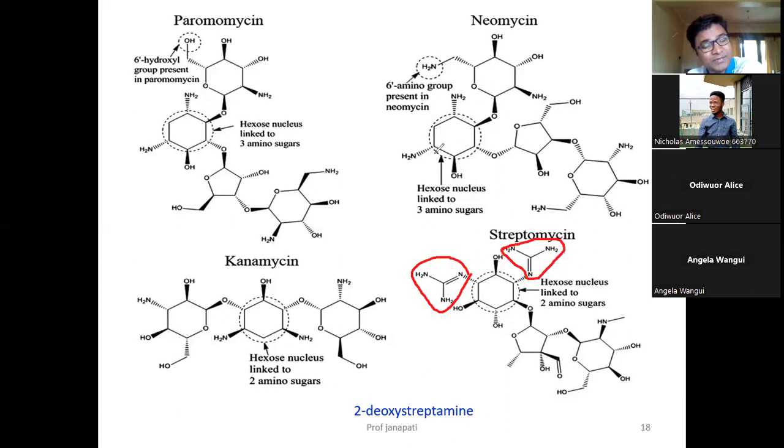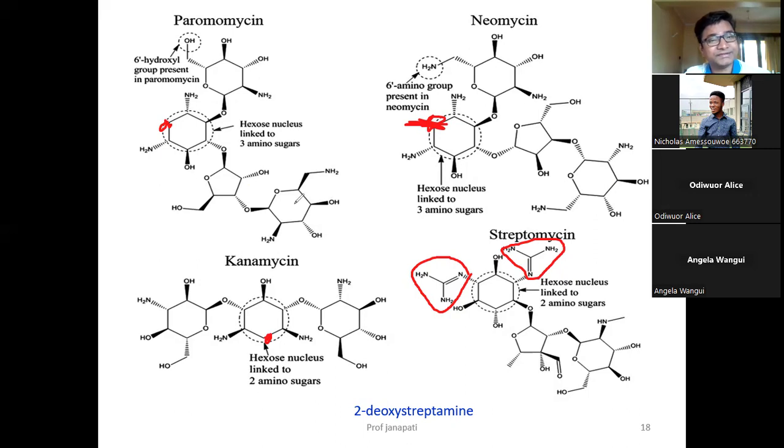Here, in one group there is no hydroxyl group, deoxy. Here also you see deoxystreptamine. All these drugs consist of deoxystreptamine, which is an aminocyclitol.